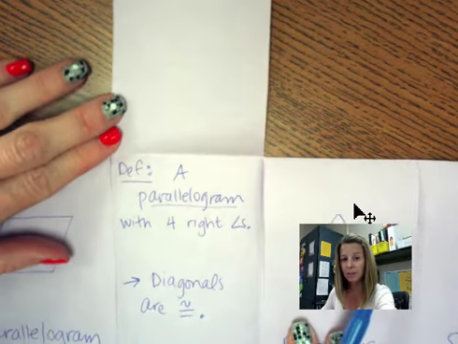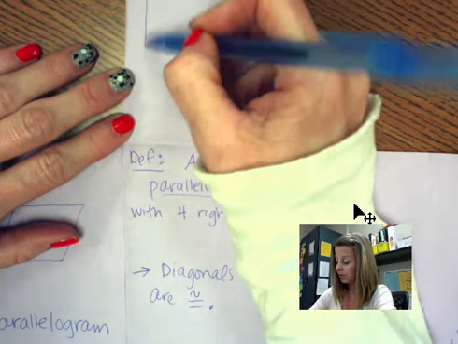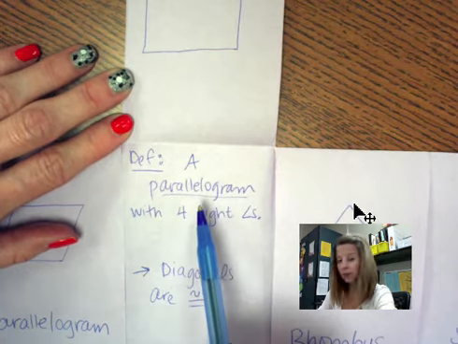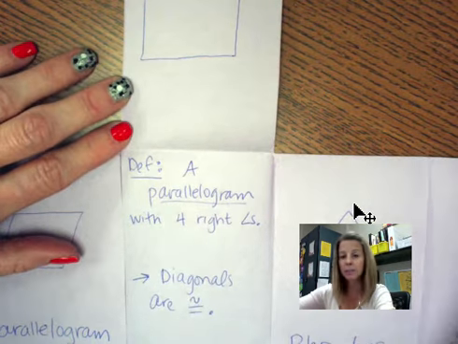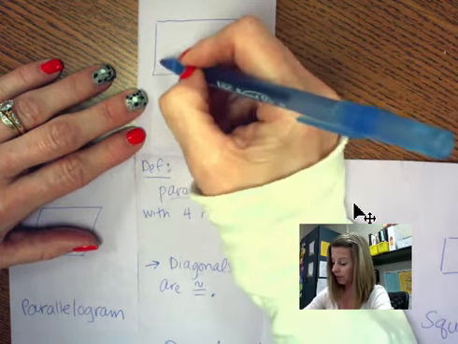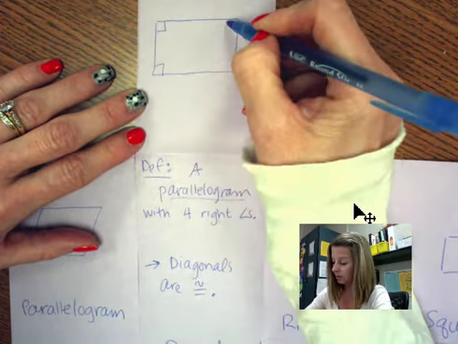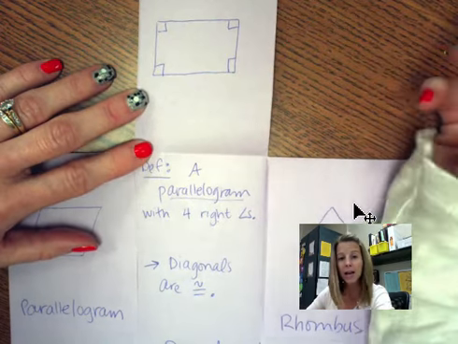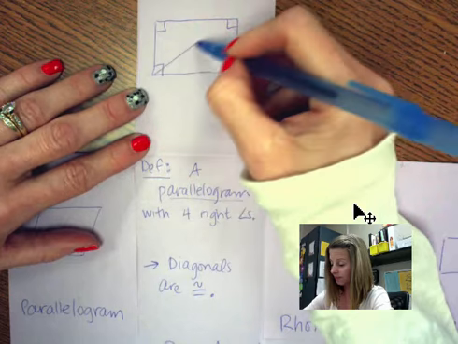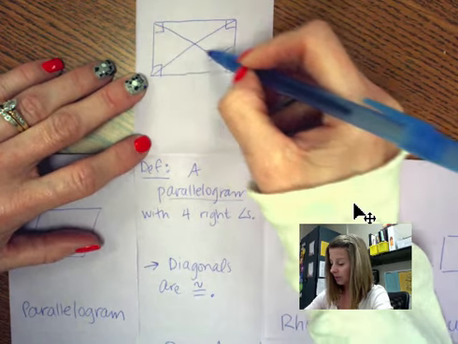So let's come up here to the top, and let's draw a picture. Now, I'm not going to add all the parallelogram properties, but I do want to add here the newer part of the definition. I have a right angle, a right angle, a right angle, and a right angle. And then let's see what it looks like to have congruent diagonals. So add your diagonals.